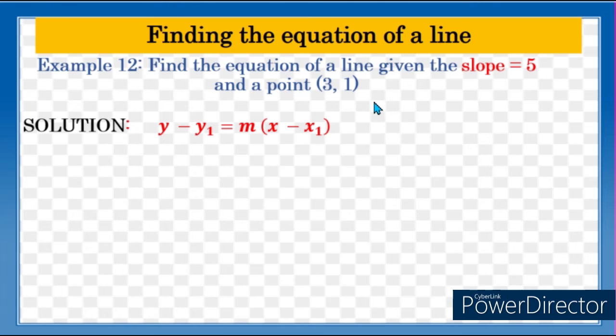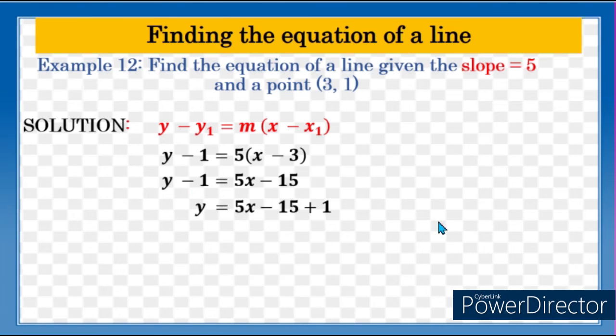Okay, so we have here an equation. Y minus 1 is equal to 5 times x minus 3. Okay, so distribute po natin si positive 5 sa x minus 3. So we have here y minus 1 is equal to 5x minus 15. Okay, so lipat po natin sa right side si negative 1.